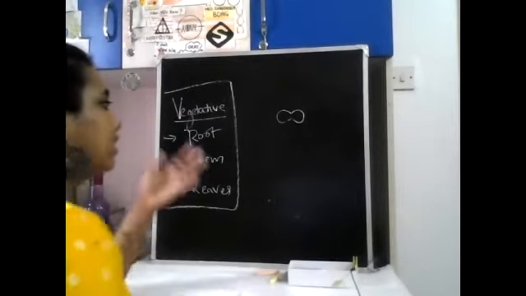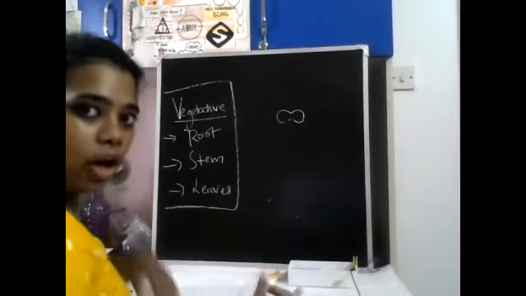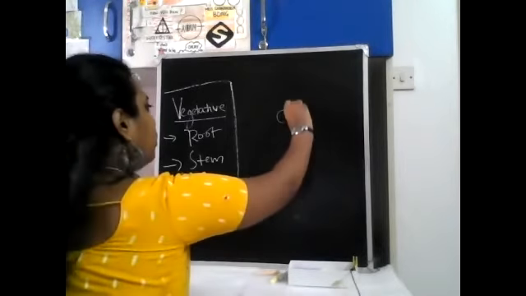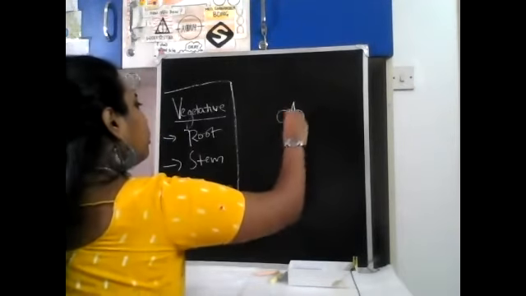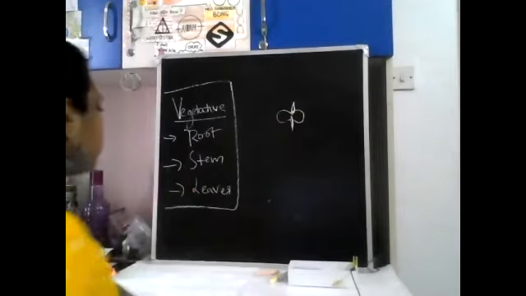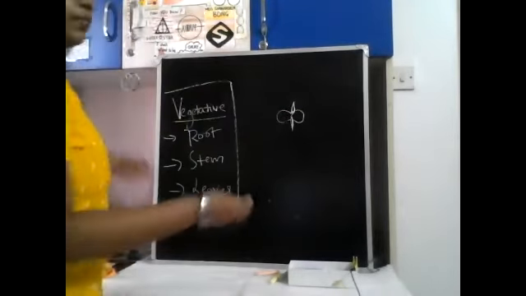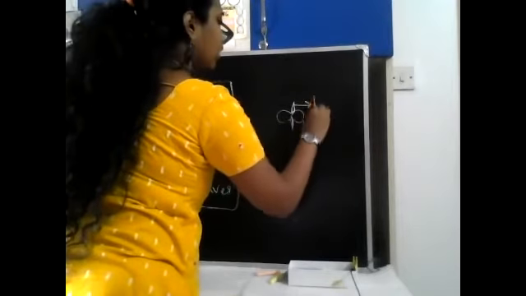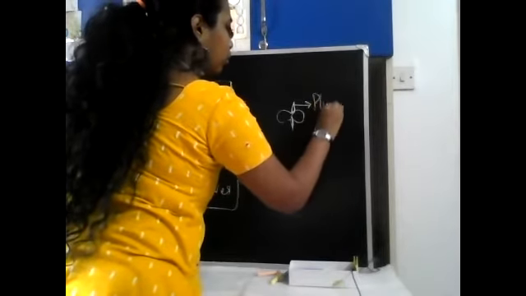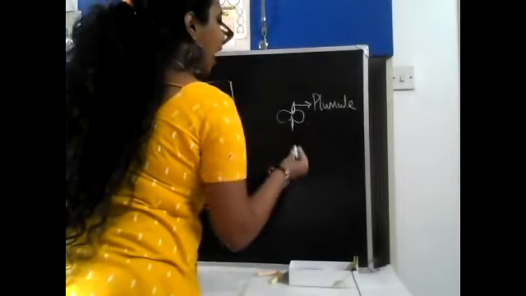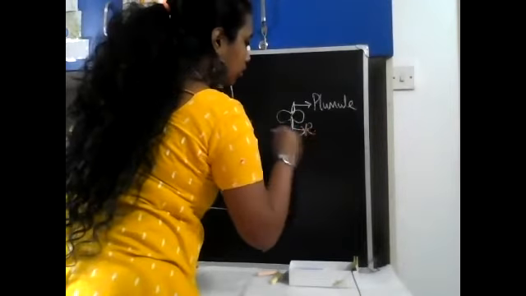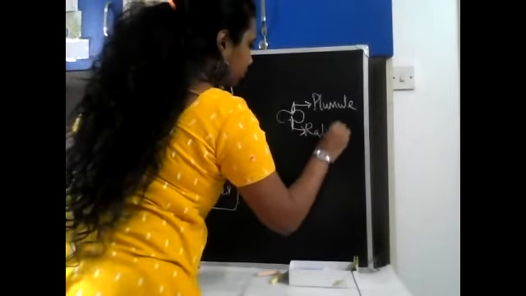So when we start with root, first thing we'll talk about is germination of a seed. Imagine that this is a dicot seed, okay? And when it germinates, there are two different portions that arise. So this portion is called the plumule, and this portion is called the radicle.